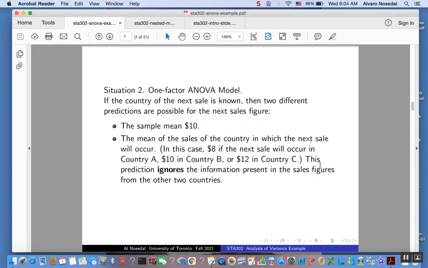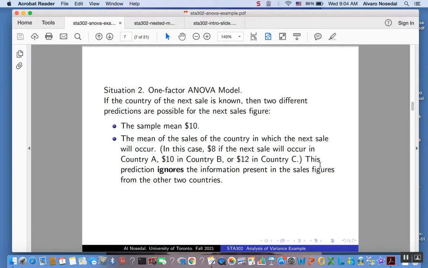But if we know where the next sale is going to take place, then we could provide two different predictions. One, we could use the sample mean, just like before, 10, or, depending on the country where the next sale will happen, our prediction would be either 8, 10, or 12.